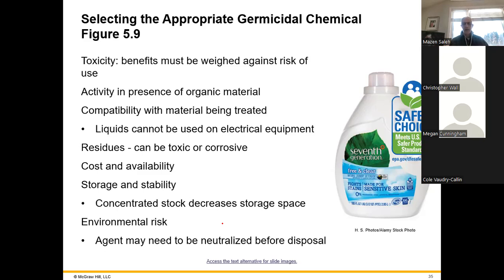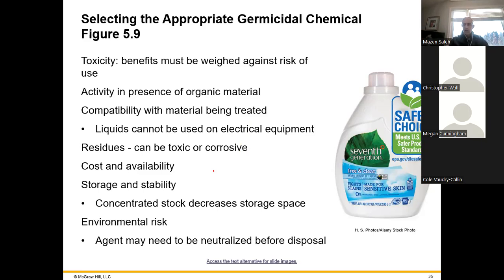Compatibility with the material being treated, it's an obvious one as well. Obviously, you cannot use liquids on electrical equipment because you will have a bad result and a bad experience with electrocution or, of course, a short in your house or a fire, potentially.